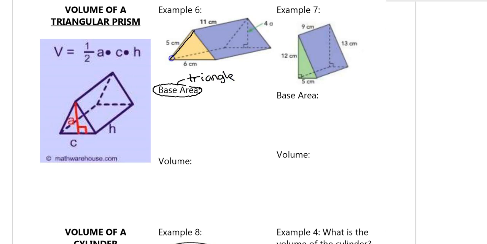So if you look, I have the triangle here, and I have the triangle here. They're the same triangle. So I have to look at the right angle. So I have one is 4, I think that's in centimeters, and then this is 6, just like this is 6. Okay? So my area is 1/2 base times height.